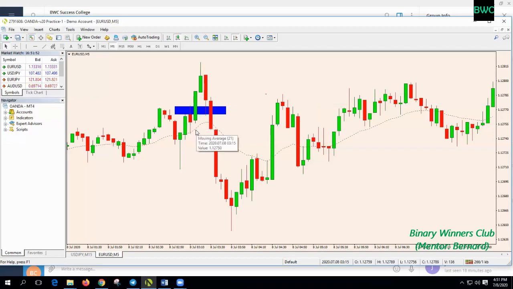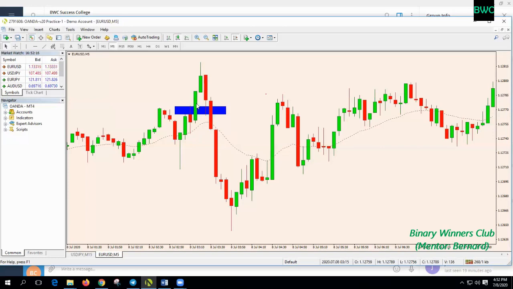Then step number 3, a green candle or a bullish candle breaks above the zone or above the highest wick. And the body of the candle that broke out must be at least 30%. So if you have 40%, 50%, that's fine. But at least 30% should be above the zone, which is the case here.